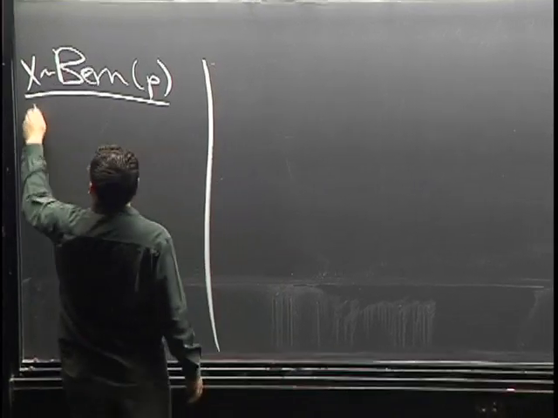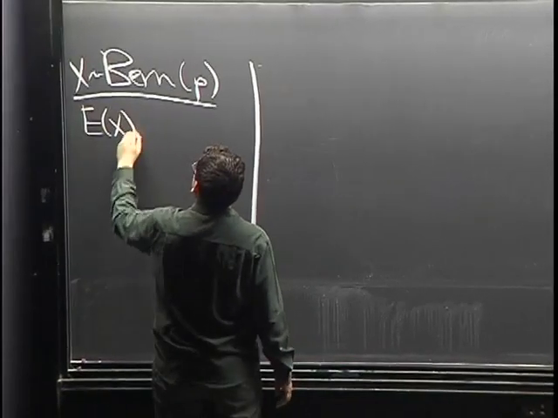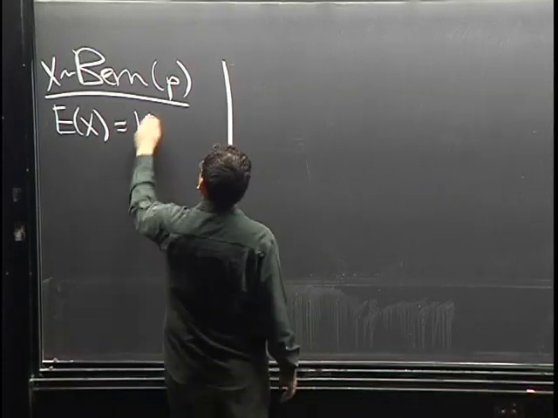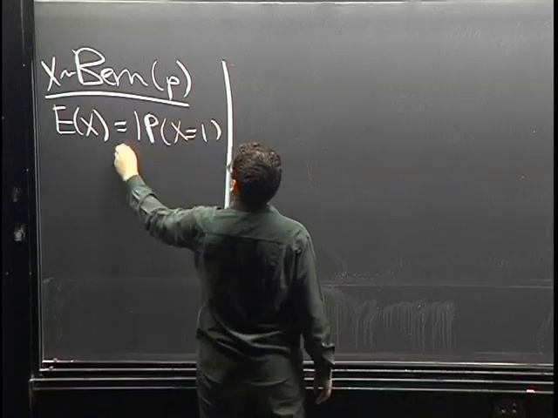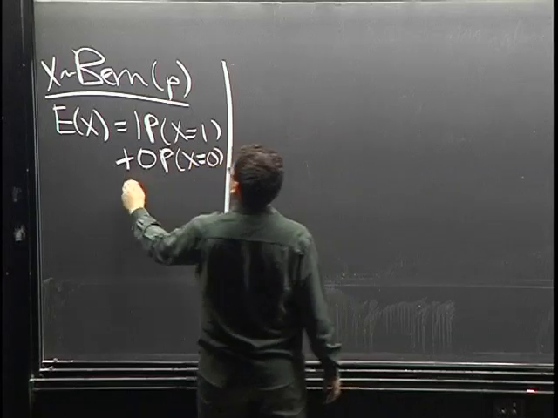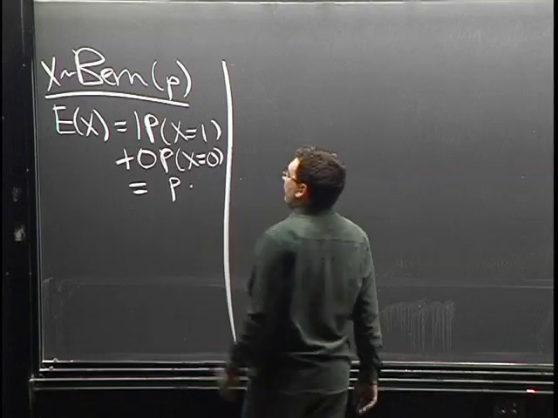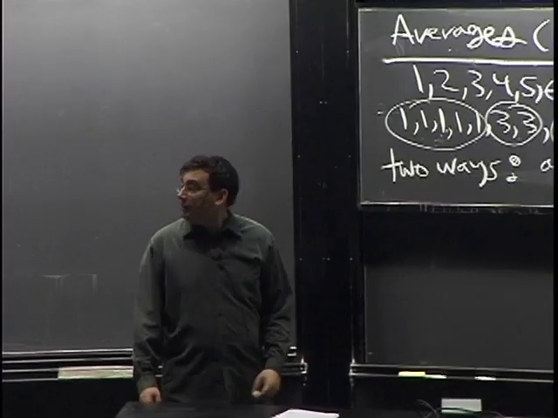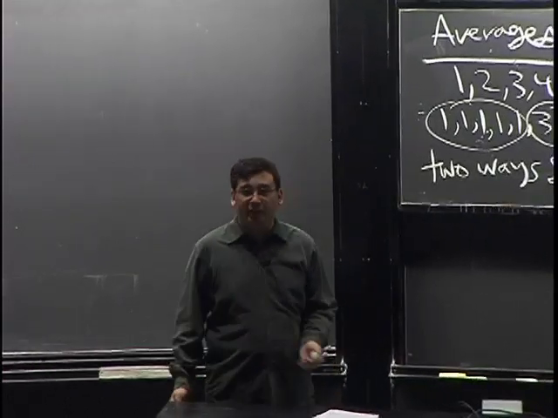Let's just write it down. Expected value of x equals 1 times the probability that x equals 1 plus 0 times the probability that x equals 0, but that term is 0 anyway. And that's just equal to p by definition. So a Bernoulli p has expected value p.